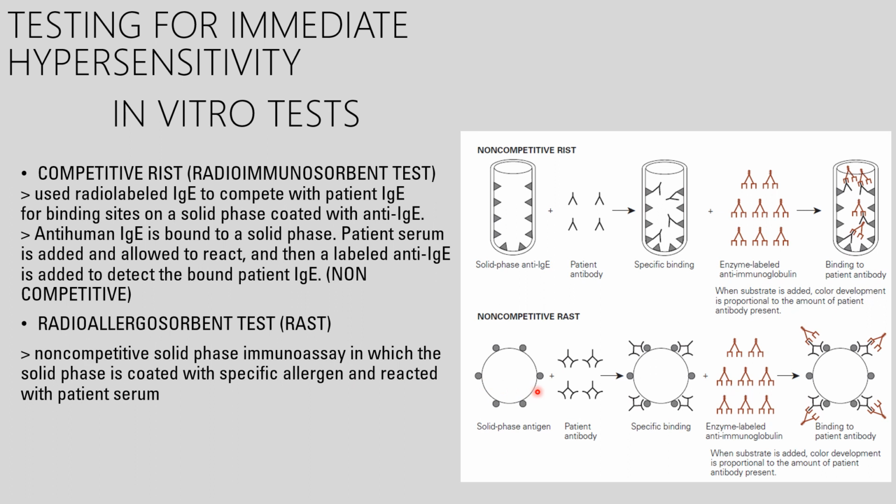phase is coated with specific allergen and reacted with the patient's serum. Tapos ile-label na naman yun and i-read yung concentration of the enzyme labeled anti-immunoglobulin. So, pag radioimmunosorbent test, ang minimeasure is ang IgE.